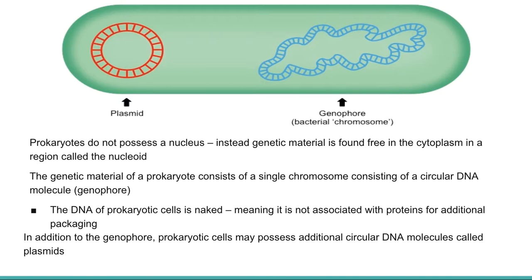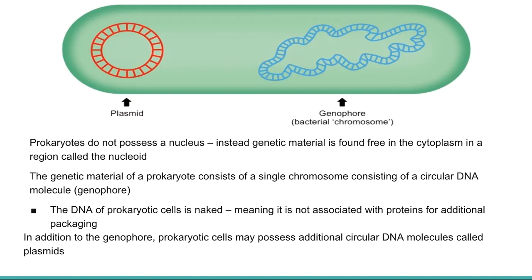Okay, let's start off with prokaryotes and eukaryotes. So this is what a prokaryote looks like. We know that it does not possess a nucleus. Instead, the genetic material is found free in the cytoplasm in a region called the nucleoid. The genetic material of a prokaryote consists of a single chromosome that consists of circular DNA.